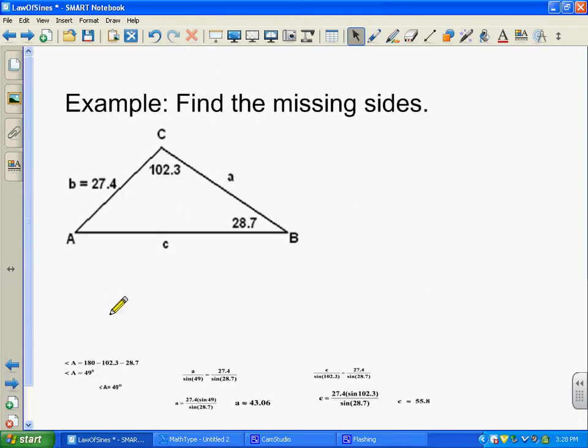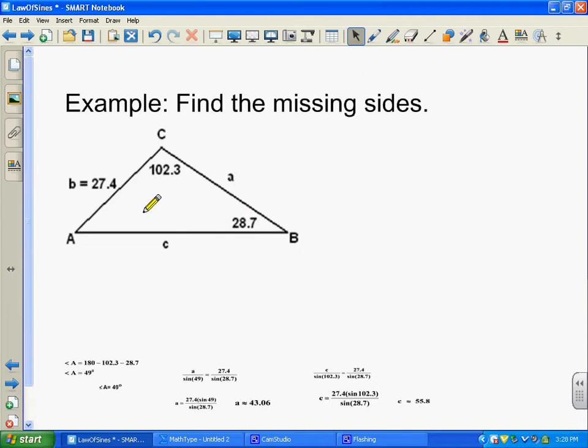We're going to use the law of sines now to find the missing sides in this example triangle. We notice first off that we have an anchor pair here: we have the measure of side b, which is 27.4, and the measure of the angle opposite it, angle B, which is 28.7 degrees.